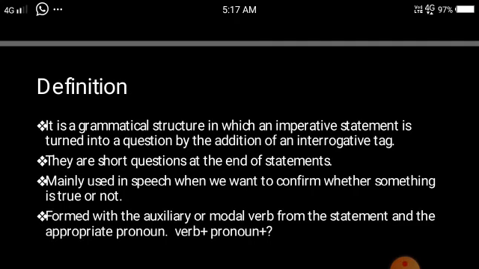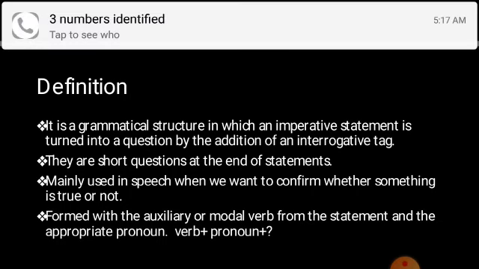Next, how do you form a question tag? A question tag is formed with the auxiliary or modal verb from the statement and the appropriate pronoun.